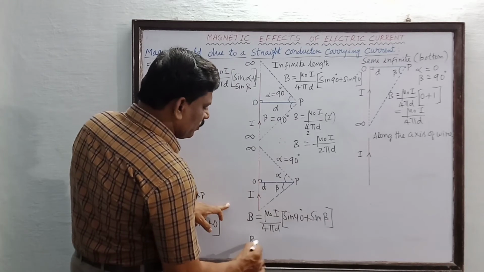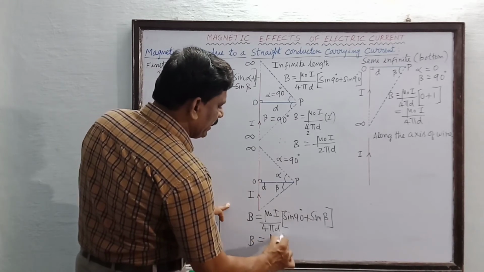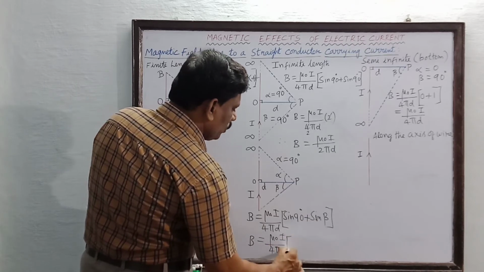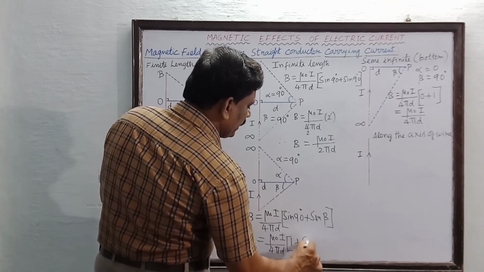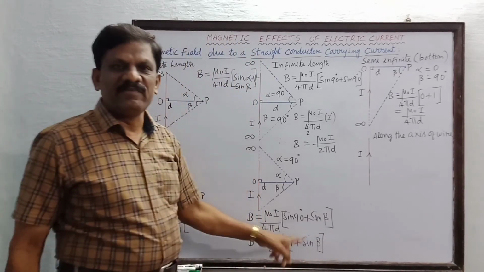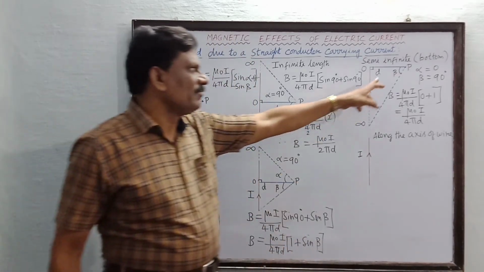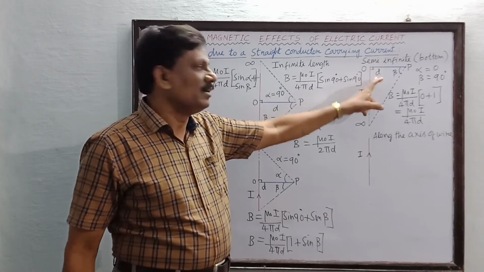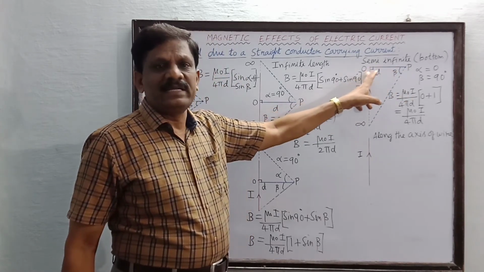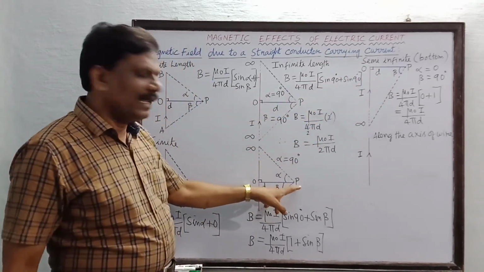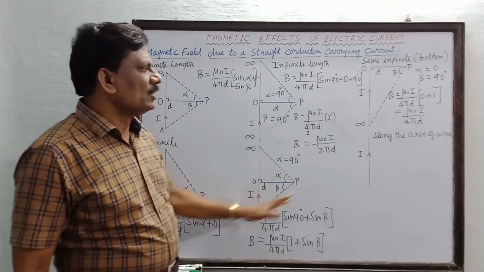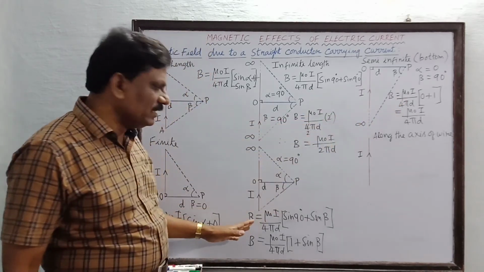So B is now equal to mu naught I divided by 4 pi d into 1 plus sine beta. This is different from the previous case, where it is also semi-infinite, but the point P lies across the other end. Here the point P lies between the infinity and the other end. That's the difference. So you can feel the difference between these two.